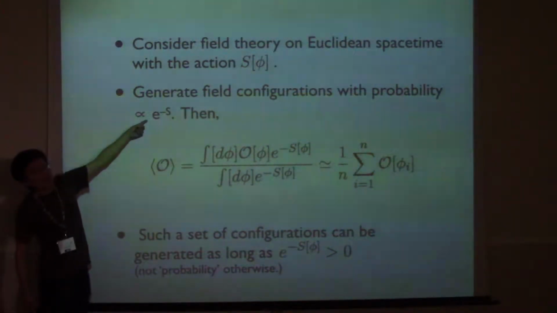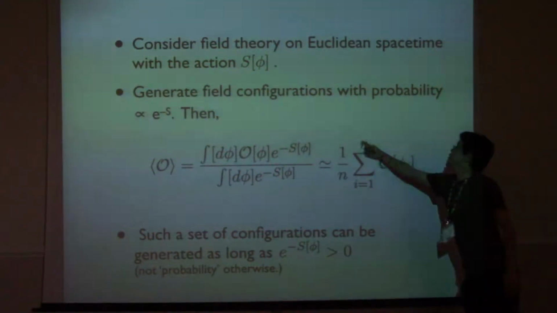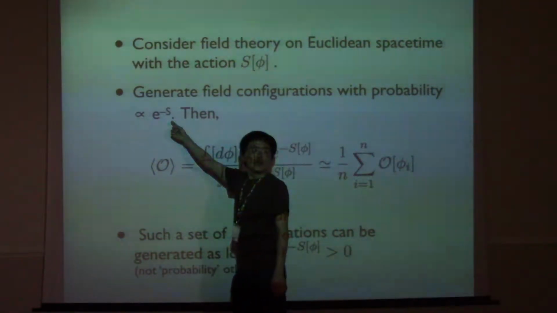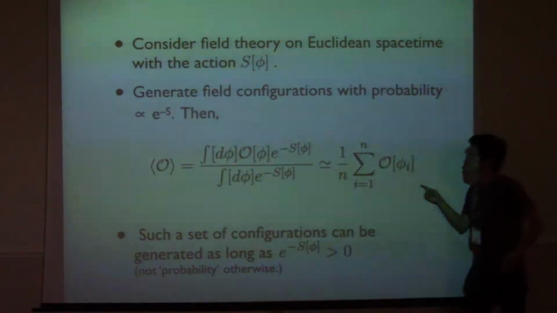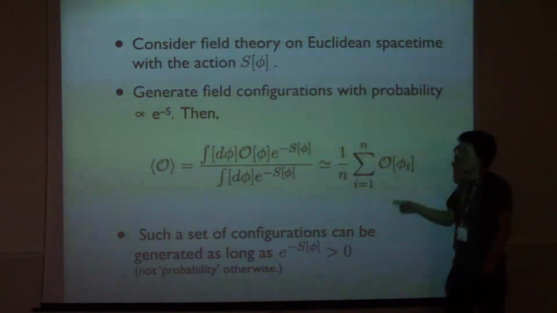If we have such an algorithm, and we have n samples following this probability distribution, then as we send n to infinity, we can approximate this path integral by this average.